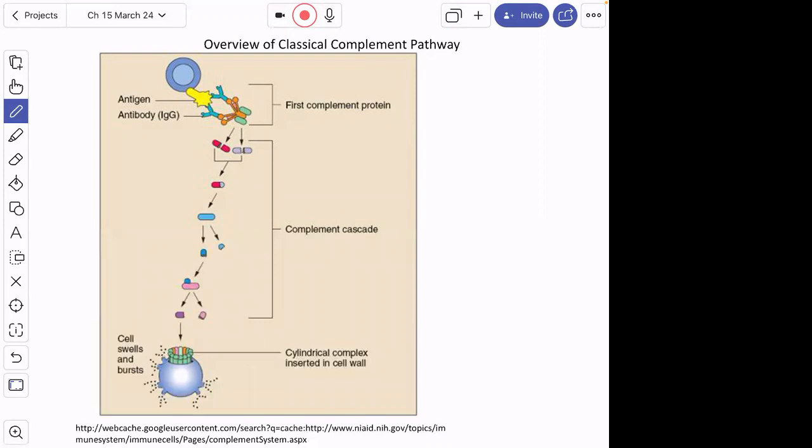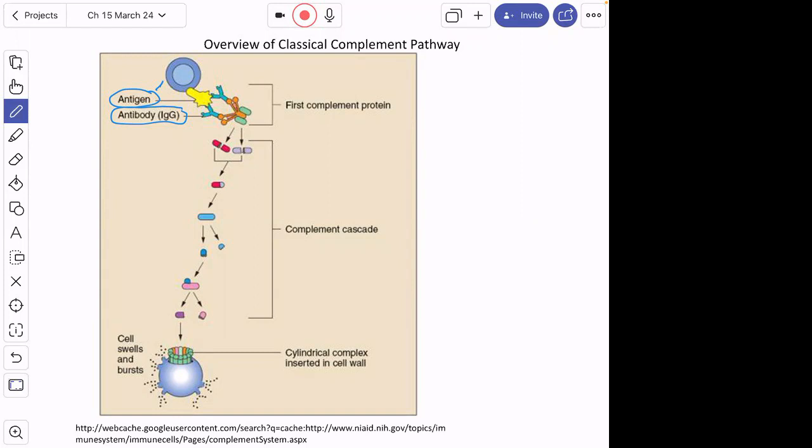One way it can get activated is if an antibody recognizes some antigen. We haven't really talked about what an antibody is and what an antigen is. Antigens are things on some kind of invader. The antibody is what our body produces.